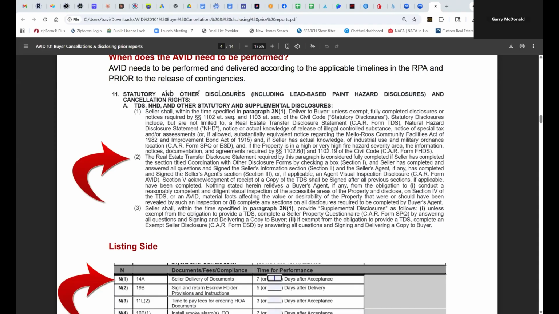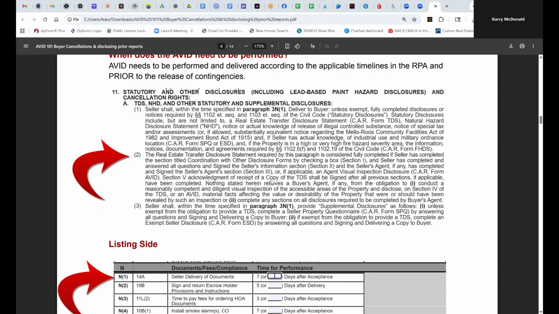So they're tying this in with the seller disclosure. So if you're on the listing side, you should be sending your AVID over along with your seller disclosures, and also prior to asking the buyer to release their contingencies.